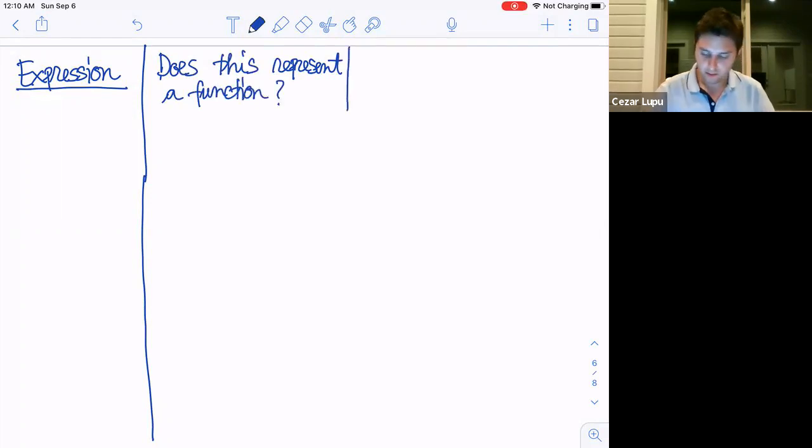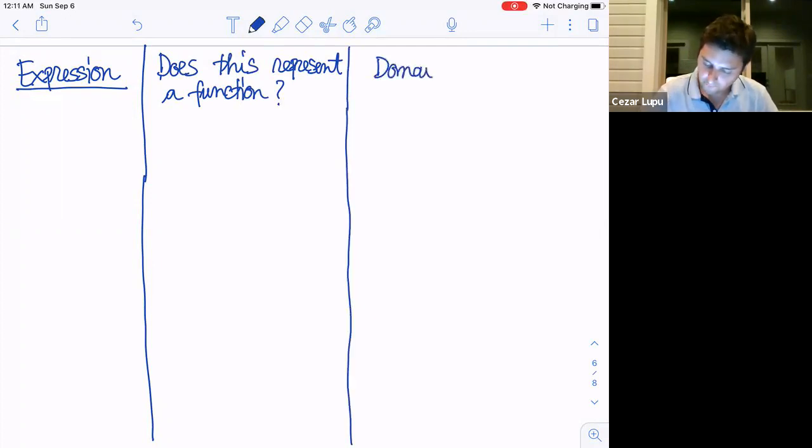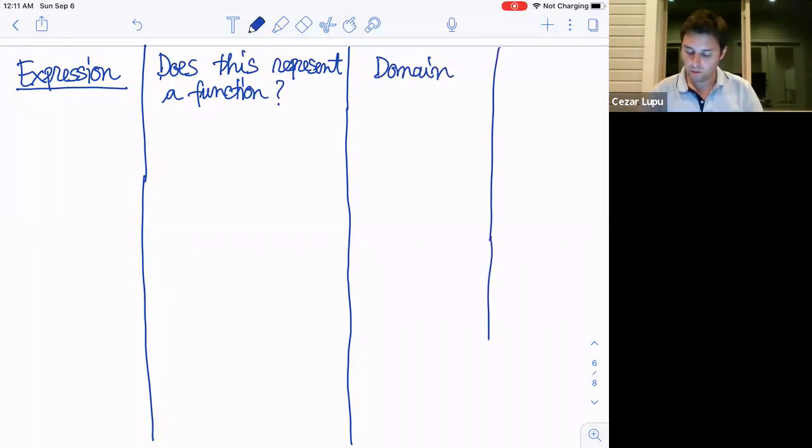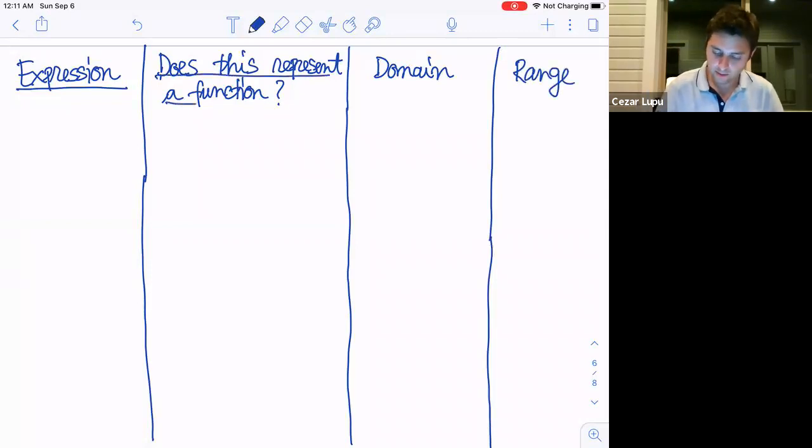If affirmative, we want to see what is the domain. And of course, we want to see also what is the range. These are the questions we want to answer.